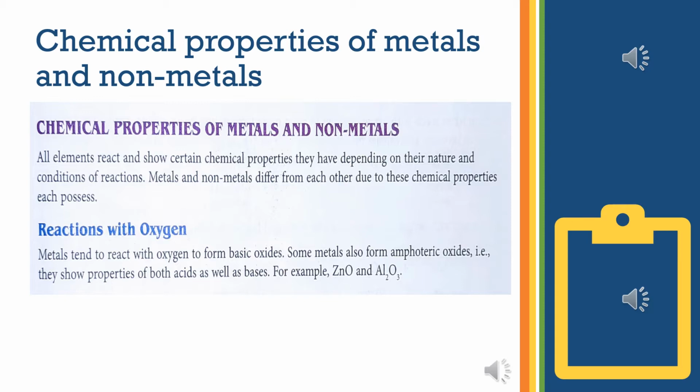So amphoteric means those substances which behave as acid as well as base. Examples of amphoteric oxides are ZnO, zinc oxide, and Al2O3, aluminium oxide. And if a non-metal is reacting with oxygen, it will always form an acidic oxide.